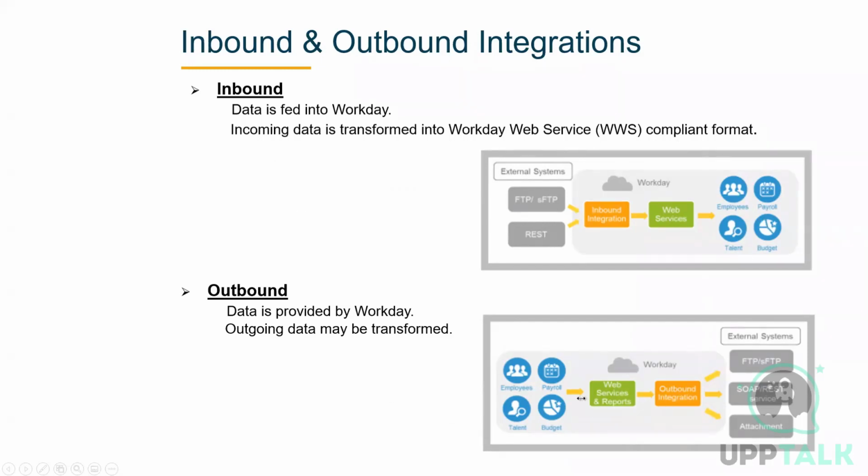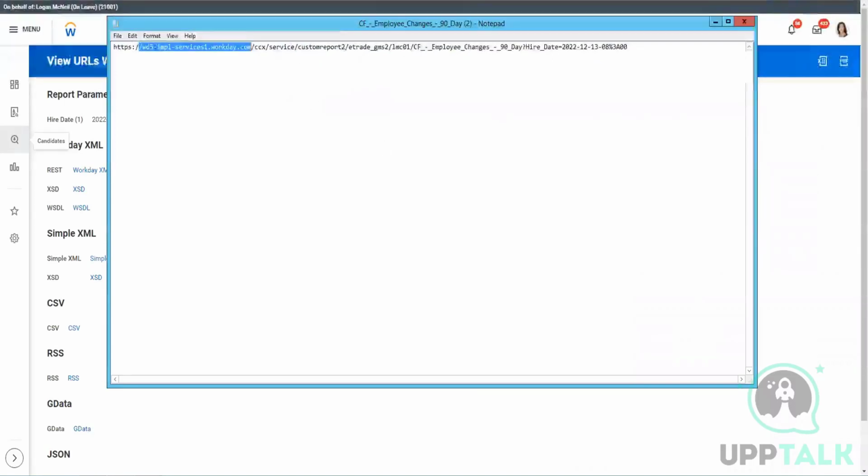For outbound, we can use these functional areas or the sources for our reports or the integrations, send the data via web services, outbound integration, and it can be sent to external systems, FTP, SOAP, REST services, attachment. And the one that we saw is considered a REST service, importing the data from a custom report within your tenant. Something like this.